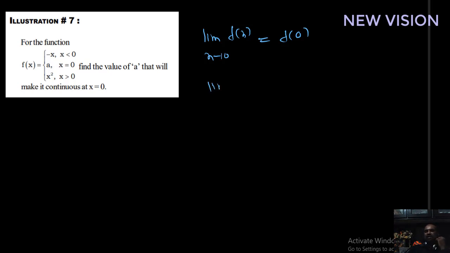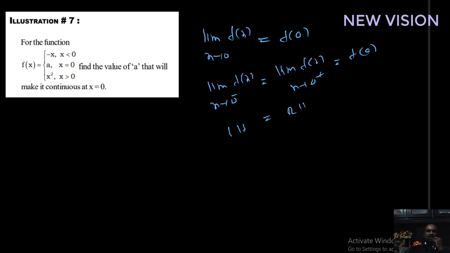Or the limiting value of f of x where x is tending to 0 minus should be equal to the limiting value of f of x where x is tending to 0 plus, which should be equal to f of 0. This is LHL. LHL should be equal to RHL, which should be equal to f of 0. So I want to find LHL.